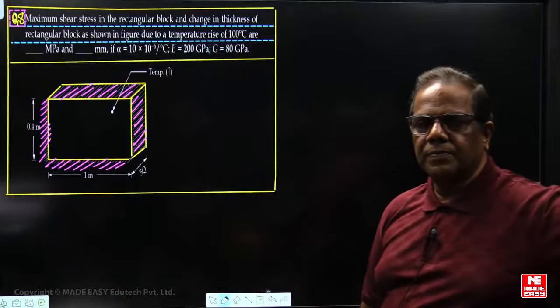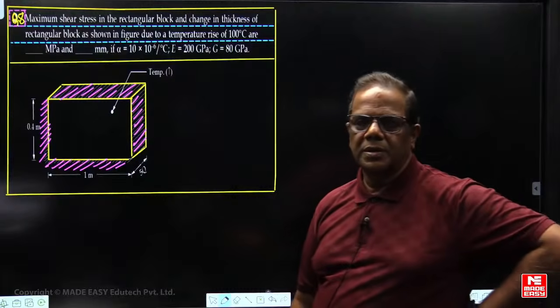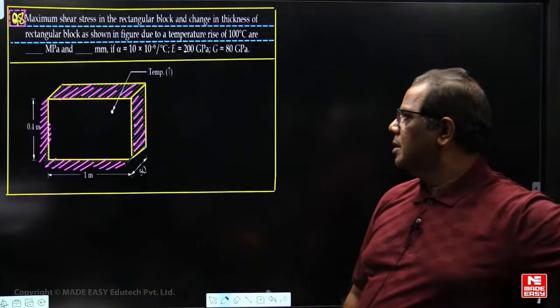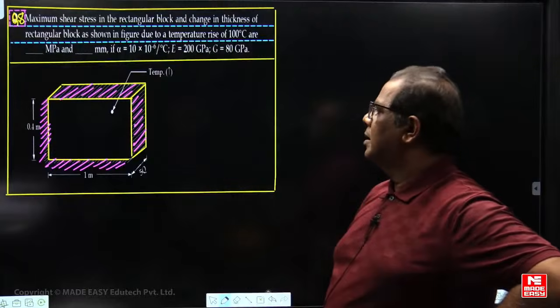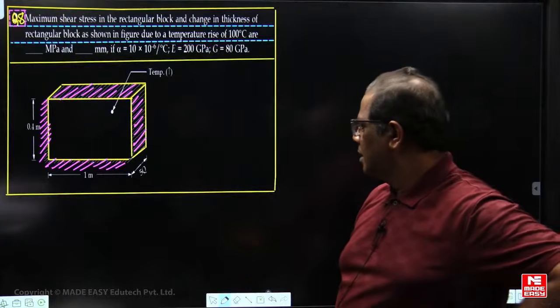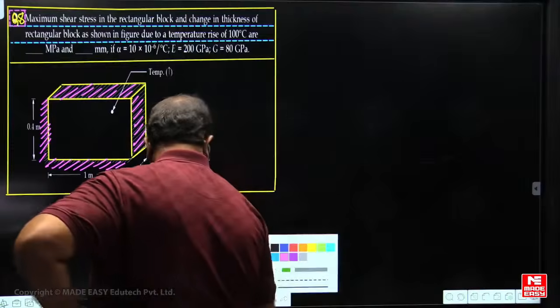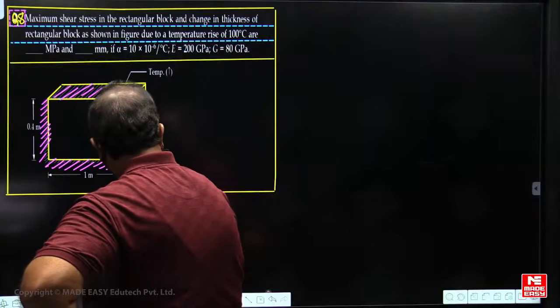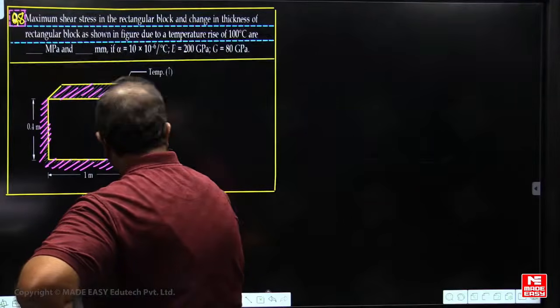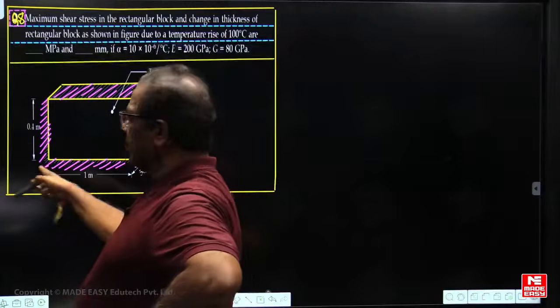Anybody quick? This is T. Length is 1 meter.